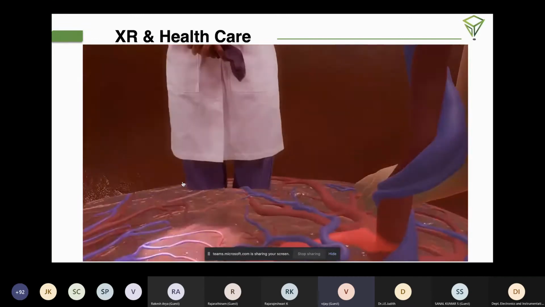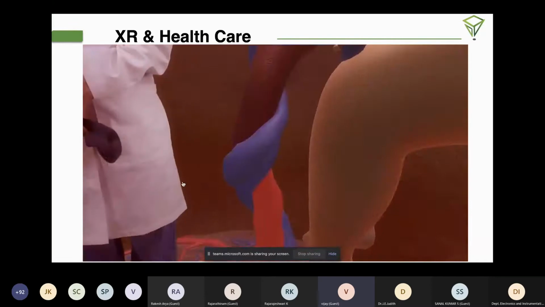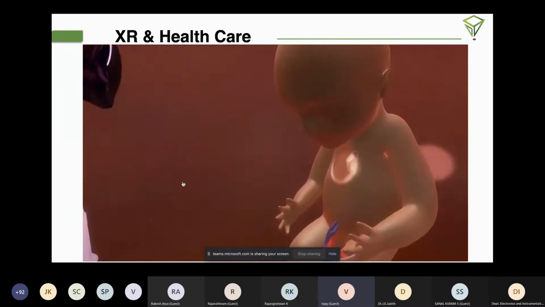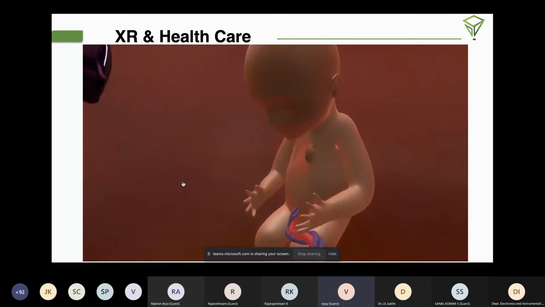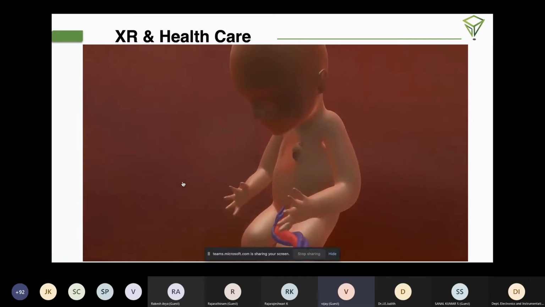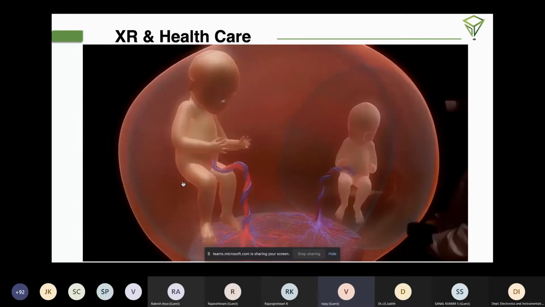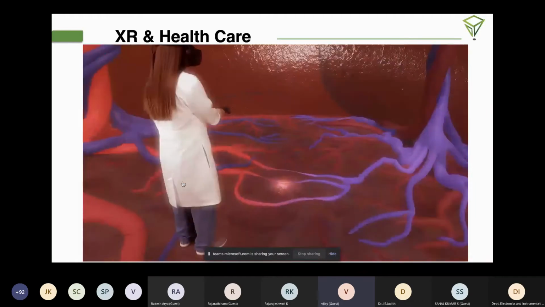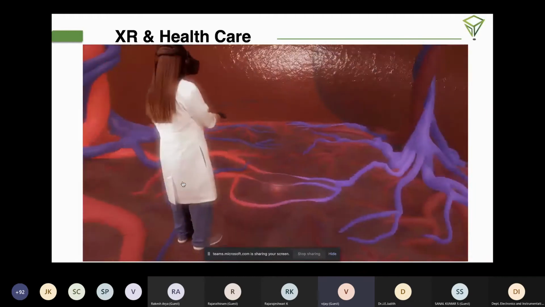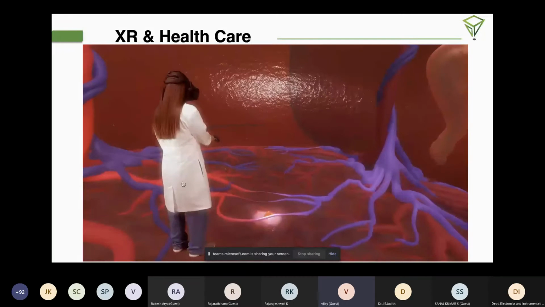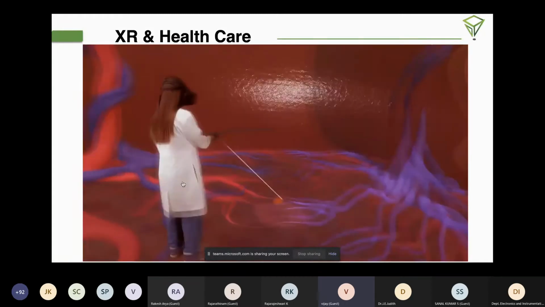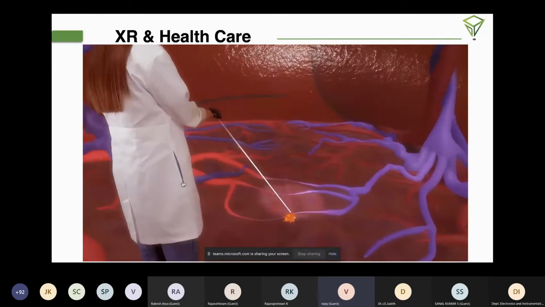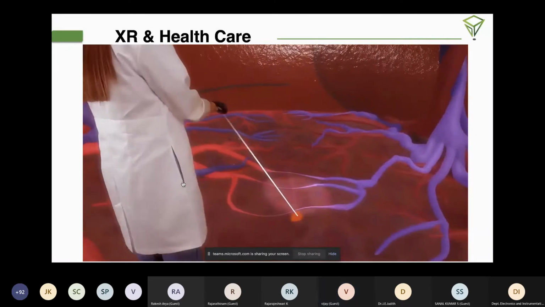Our virtual reality experience lets you see how one twin will receive more blood than the other, which can cause problems with the fetal hearts and cause one twin's amniotic sac to swell, leaving the other twin with too little fluid to thrive. Patients, families, and trainees can get an unprecedented view of the advanced surgical repair techniques we use, in which our surgeons insert a tiny laser into the uterus to ablate the blood vessels where the imbalance originates.